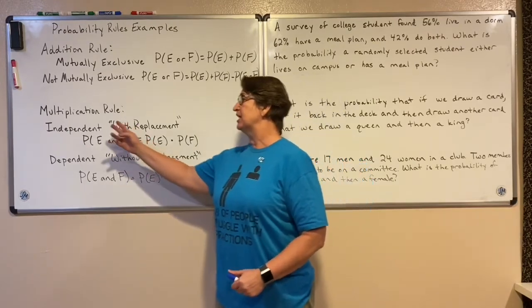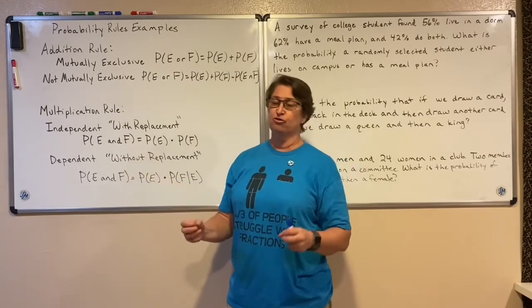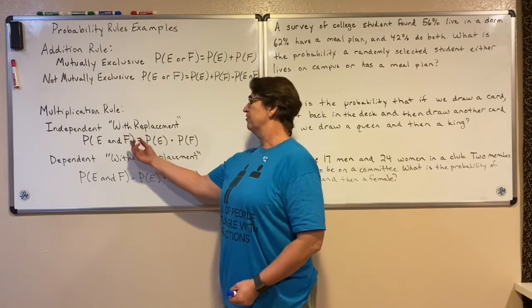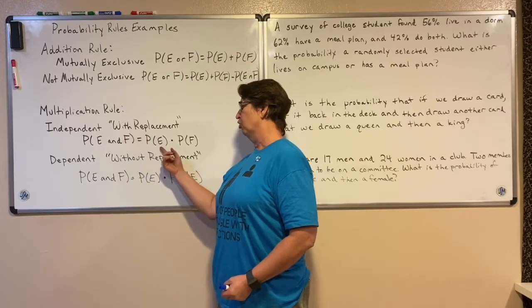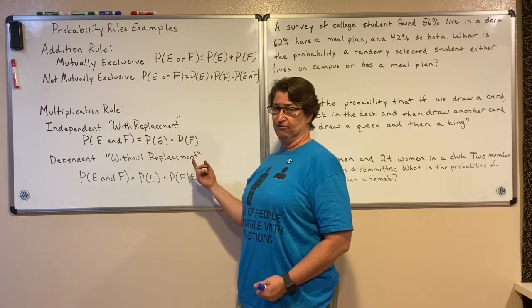And if each one of those is independent, like spinning the spinners or flipping a coin or rolling a die, then we're just going to multiply the probability of the first event times the probability of the second event.